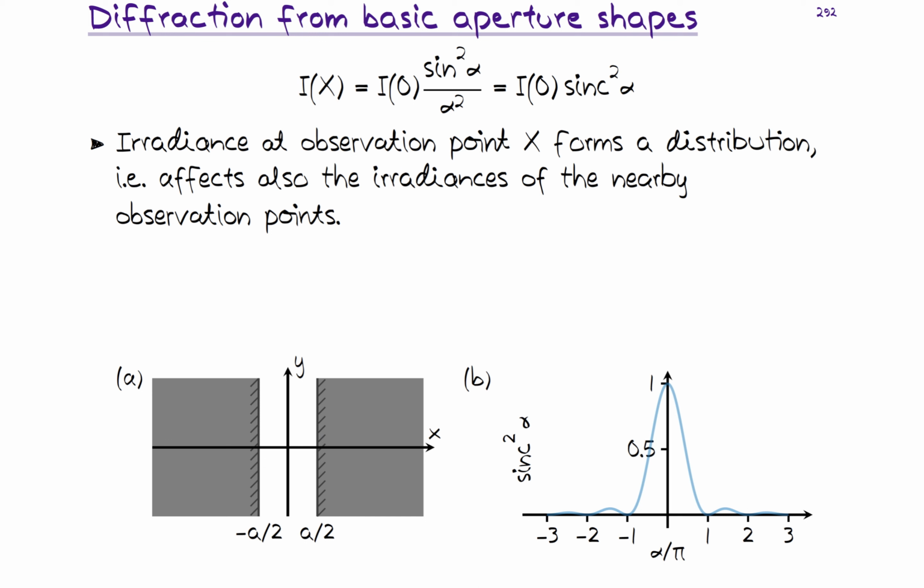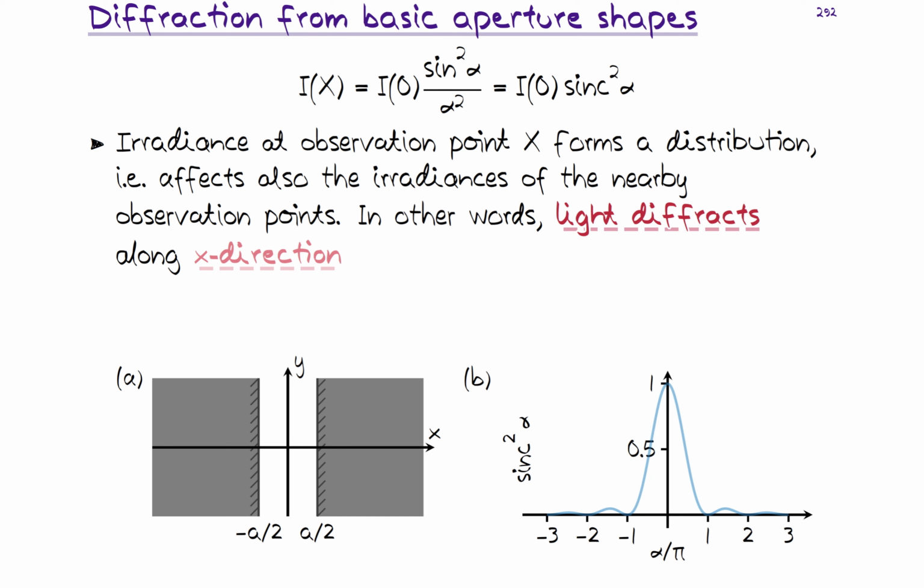So that would be my blurriness, the cardinal sine type of functional form for a diffraction here. So instead of a single ray of light, now I'm having light diffracted, with rays heading in many different directions due to the fact that I have a slit that causes diffraction. So light diffracts along the x direction. That's in a nutshell what I was trying to say.